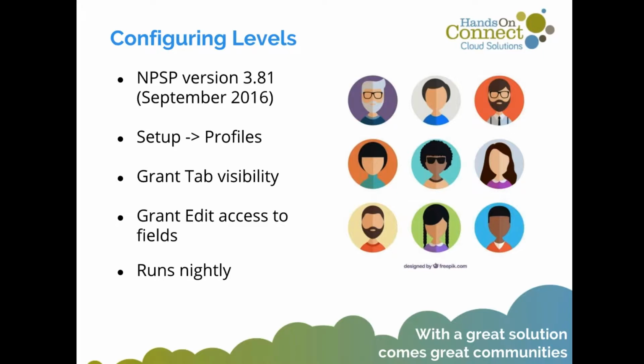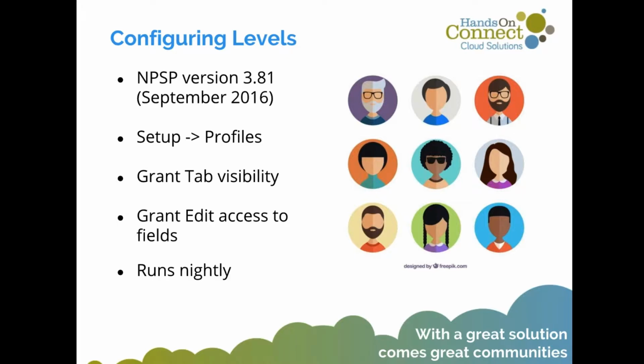Part of the work involved in this also requires granting access to the Nonprofit Success Pack functionality. I will show you where you would go to do that in just a few moments. You will need to update this for the profiles that you want to have access to manage and view the milestone functionality.